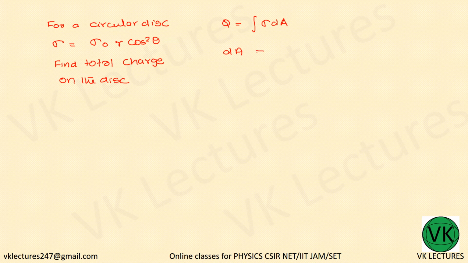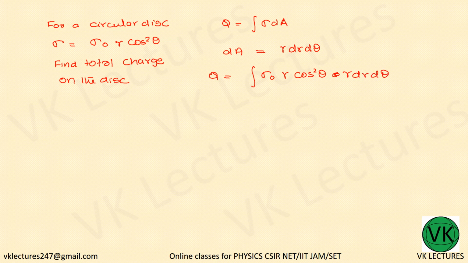For polar coordinates, the disk has an area element equal to r dr d theta. So Q is equal to the integral of sigma, which is sigma naught r cos square theta, times r dr d theta.